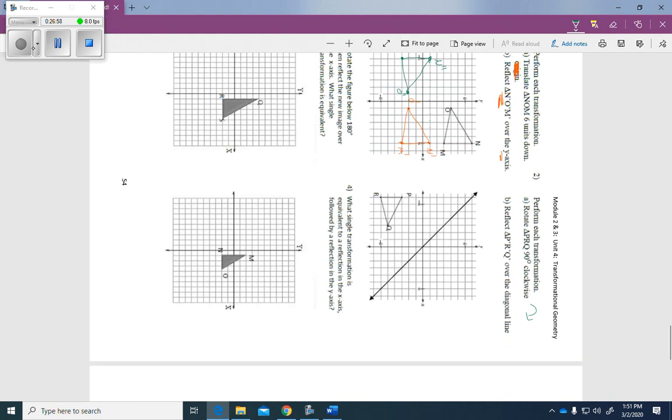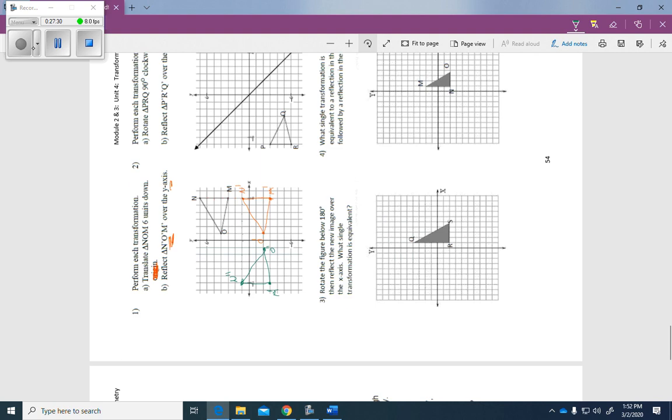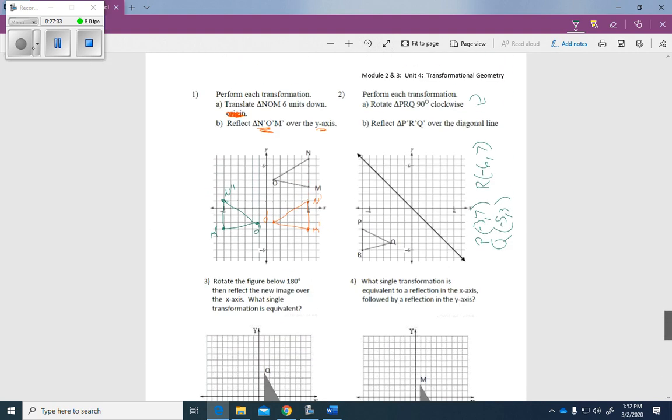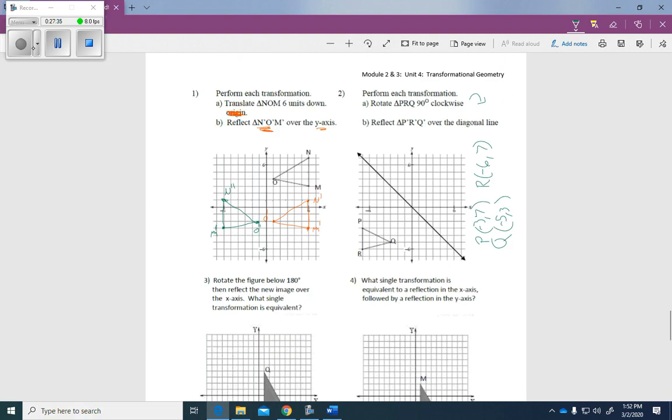And if I record these points, I see that P is at -3, 7, Q, -5, 3, and R is -6, 7. Put my paper back to normal and plot what I just wrote down.